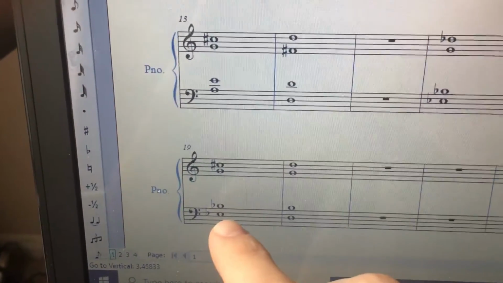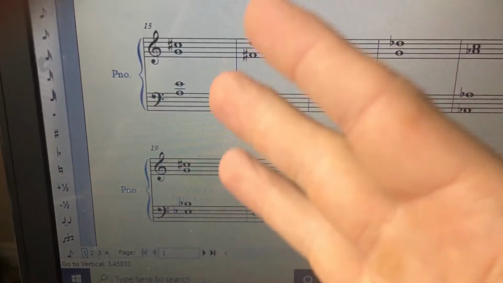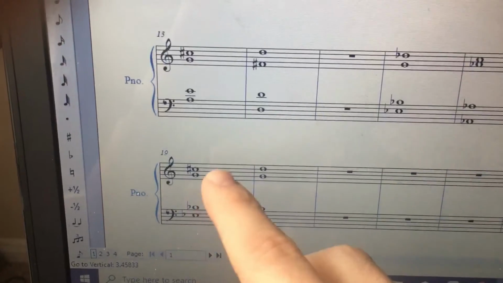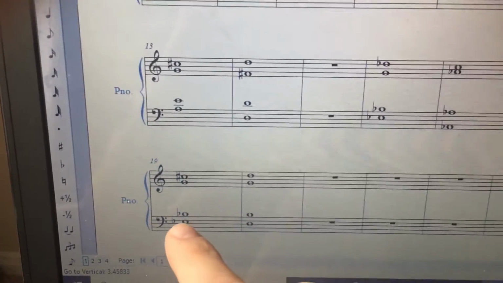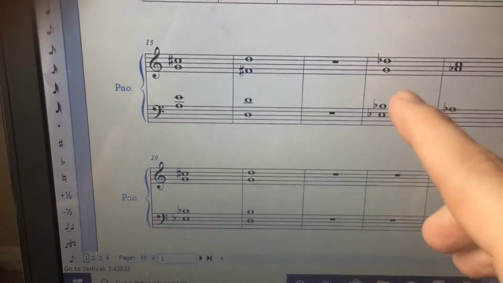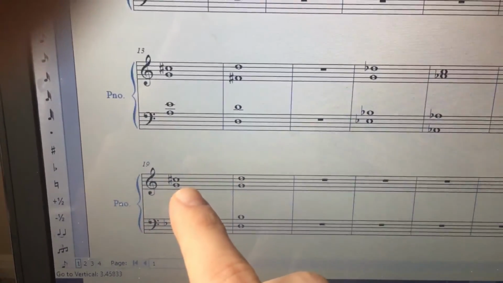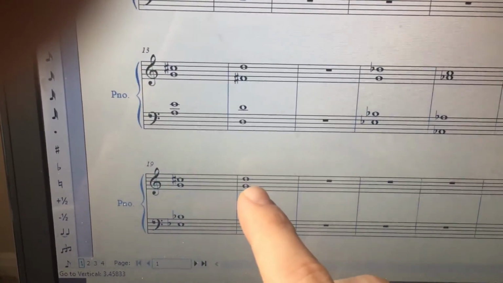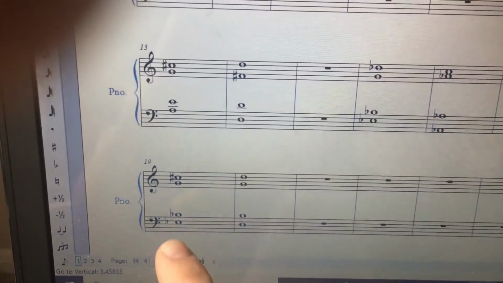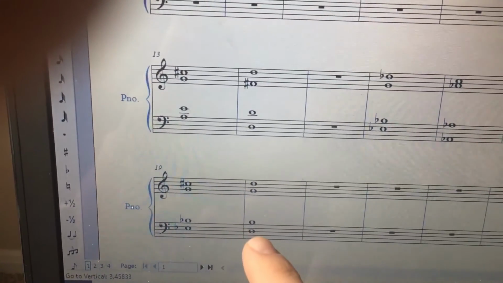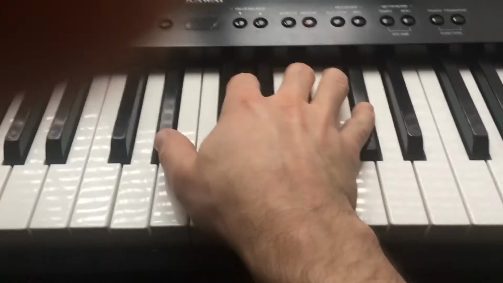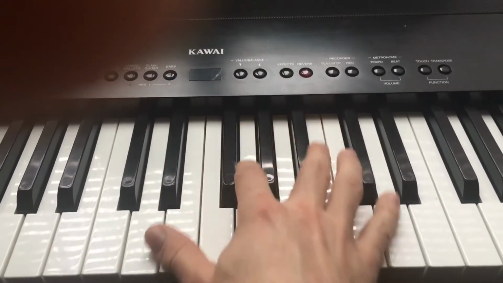Now it's a sixth. E, F, G, A, B, C. It's an E flat to a C sharp, so that's an augmented sixth. And those function very differently than a dominant seventh. And so now this C sharp is going to resolve up to a D, and the E flat is going out to a D. So now this same chord we did a second ago, now it's going to resolve out like this.